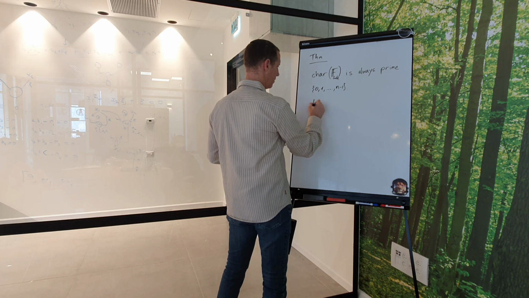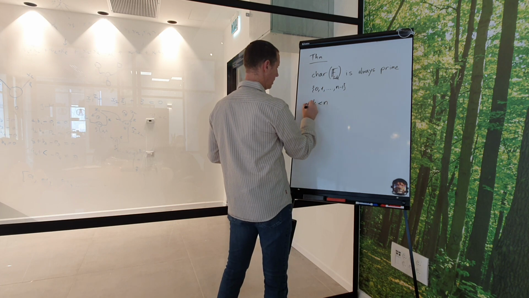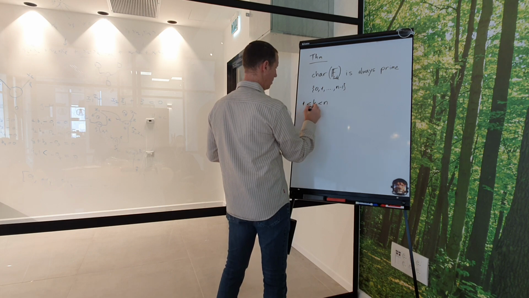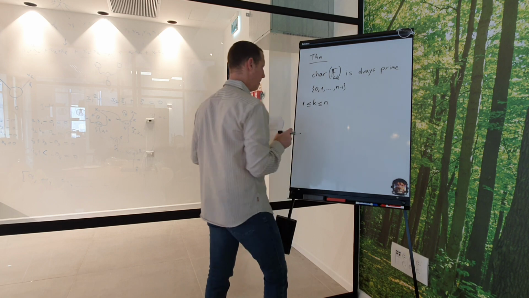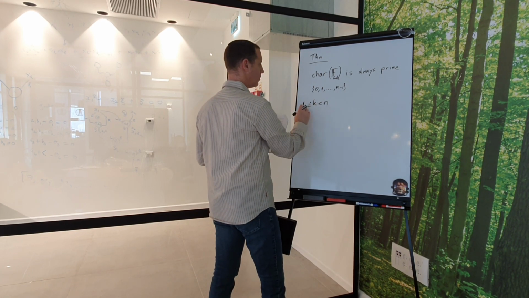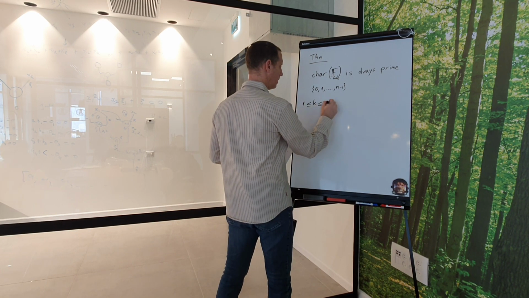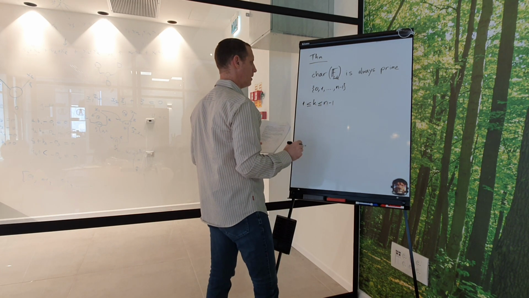Let's say that we've got k, and k is between 1 and n, not including n minus 1, okay?